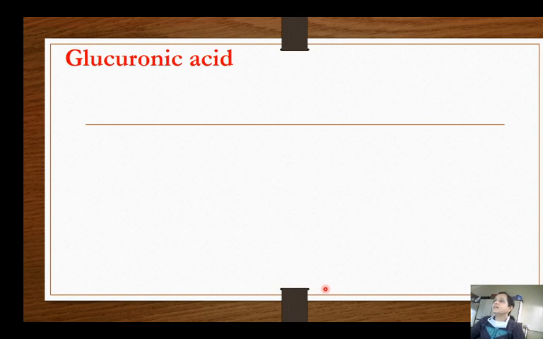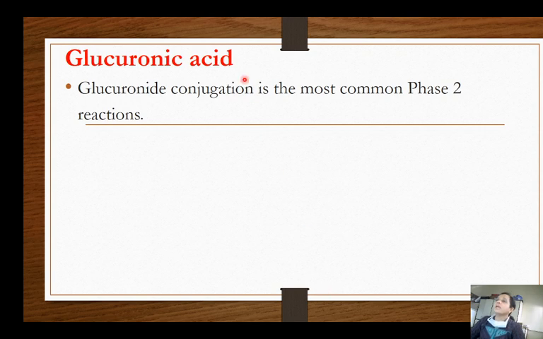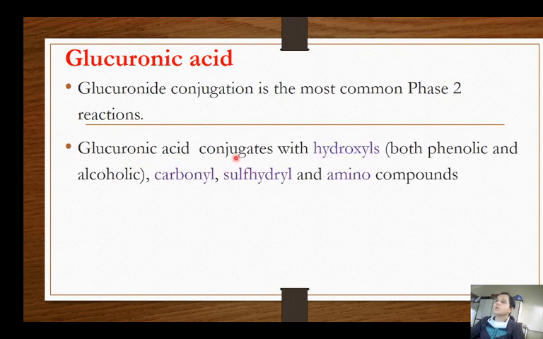Now we'll see the conjugation with glucuronic acid. Glucuronide conjugation is the most common of phase 2 reactions. Glucuronic acid conjugates with hydroxy groups of both phenolic and alcoholic groups, that is aliphatic and aromatic hydrocarbons, carbonyl groups, sulfhydryl groups and amino groups.